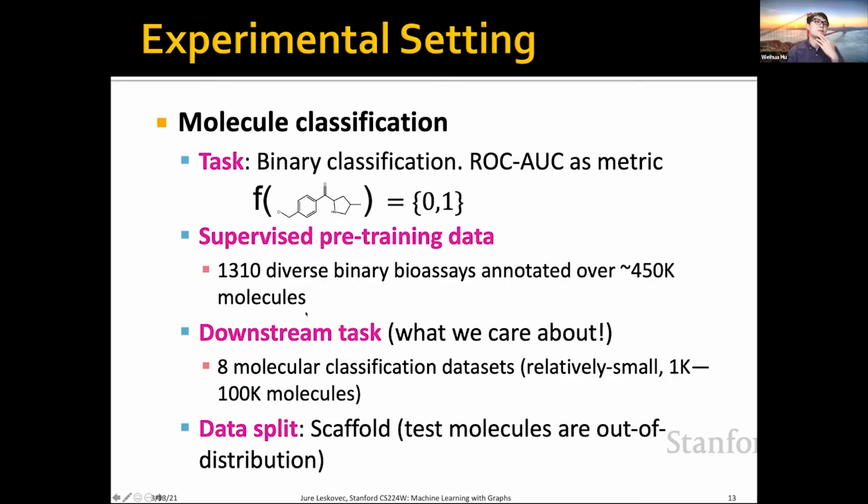Then we transfer the parameters to our downstream task, which is 8 molecular classification datasets. Those are relatively small, about 1,000 to 100,000 molecules. For the data split on the downstream task, we consider the scaffold split, which makes the test molecules out of distribution.